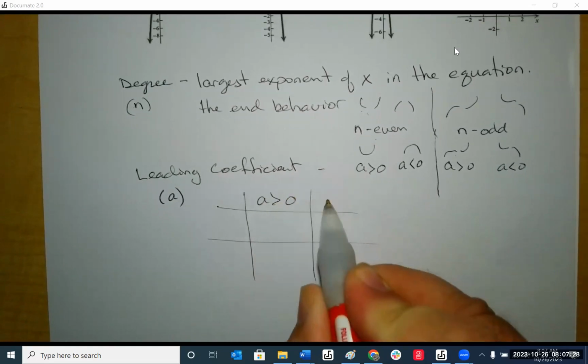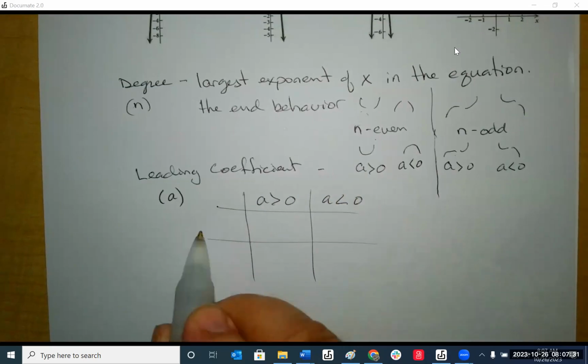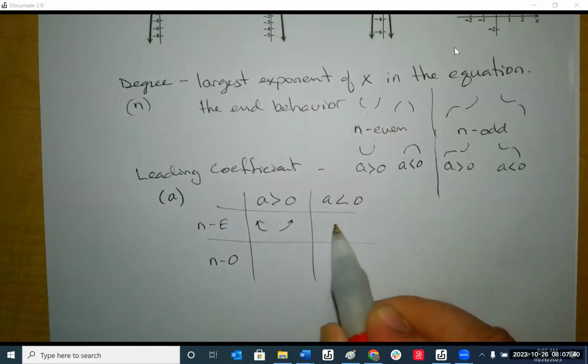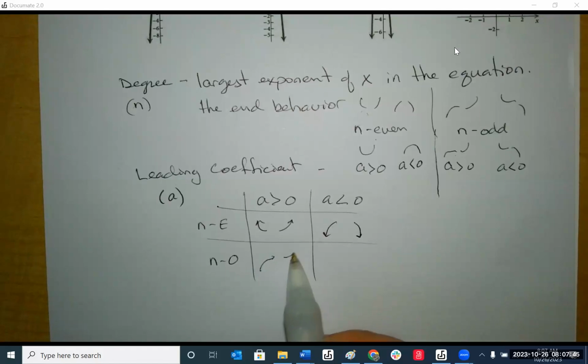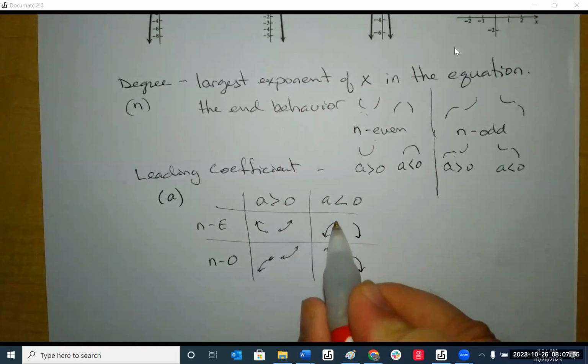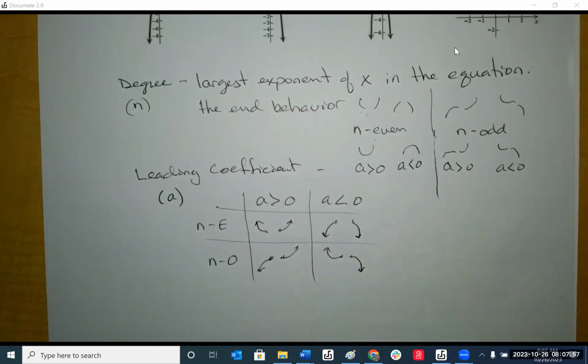If a is greater than 0, if a is less than 0, if n is even, if n is odd. So you should have at least memorized that from Monday or Tuesday.